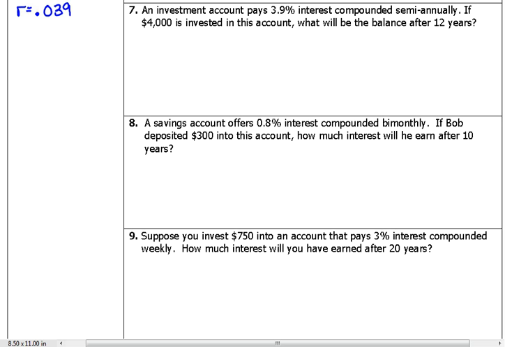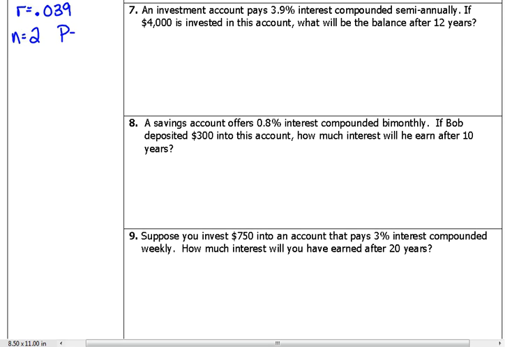Okay, it could be every other year or twice a year. Typically, semi-annually is considered twice a year. Biannually would be every other year. So semi-annually, that would be n equals 2, twice a year.